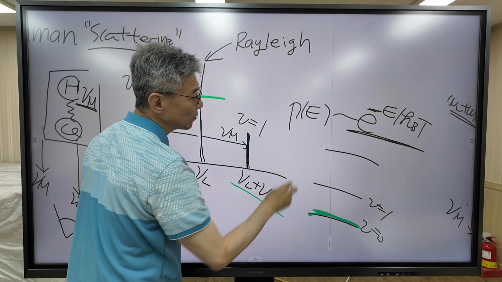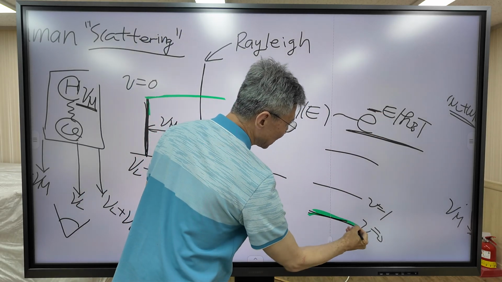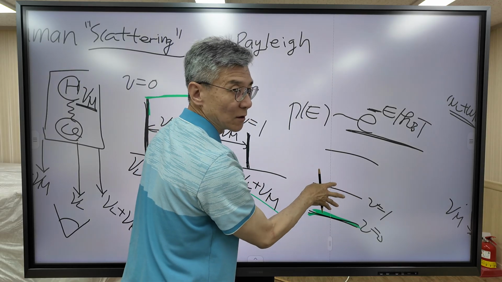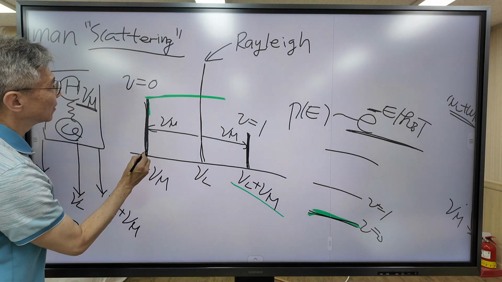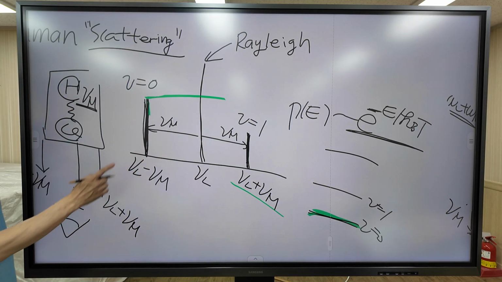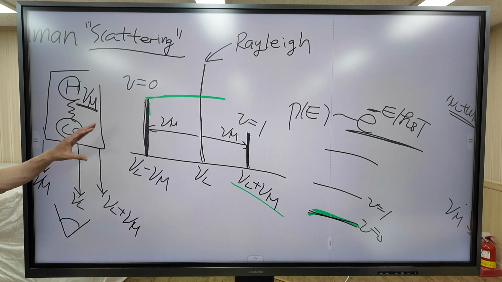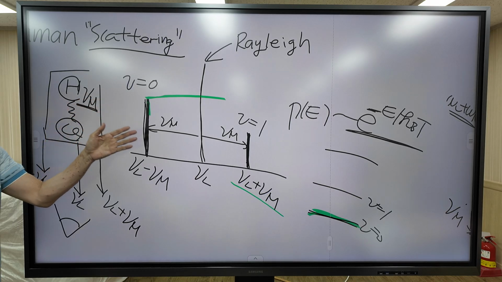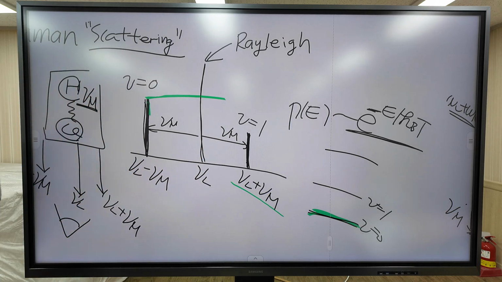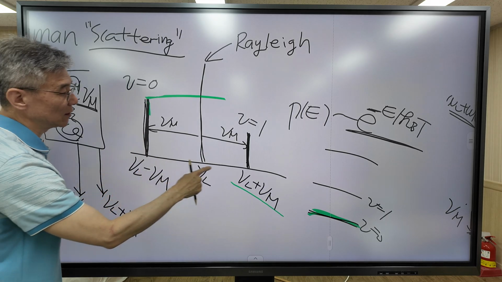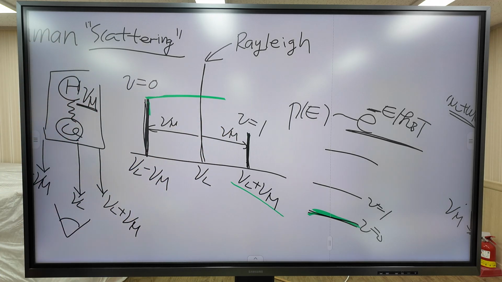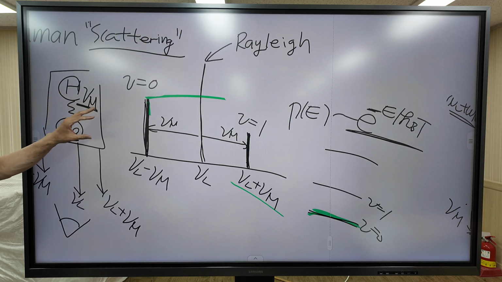So the population of the V equals 0 state is much larger than the V equals 1 state. So the intensity of Stokes-Raman scattering is larger than the intensity of anti-Stokes-Raman scattering. This is the explanation of why Stokes-Raman scattering is more intense than anti-Stokes-Raman scattering, even though its frequency is smaller. This is the explanation of Raman scattering in terms of quantum mechanics.